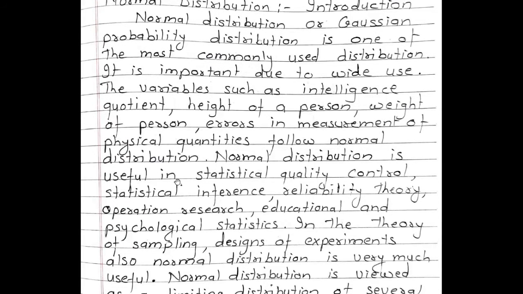Normal distribution is useful in statistical quality control, statistical inference, reliability theory, operation research, educational and psychological statistics.